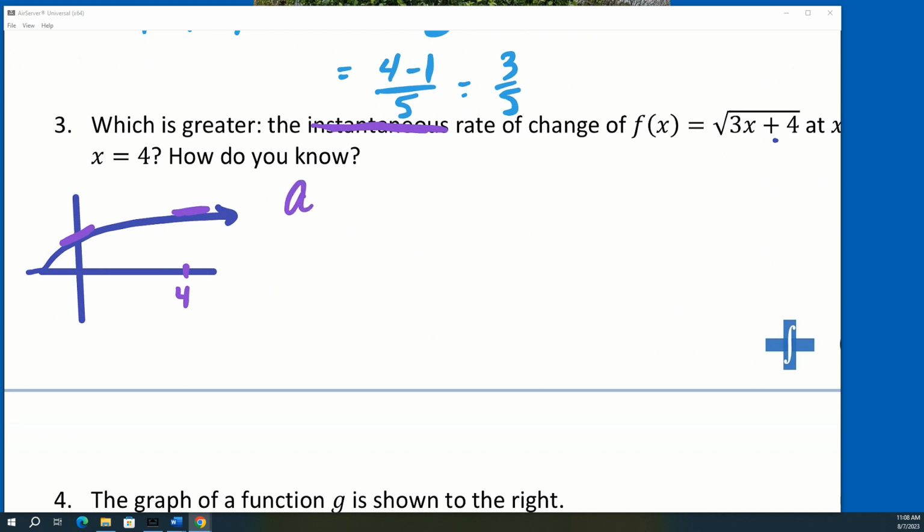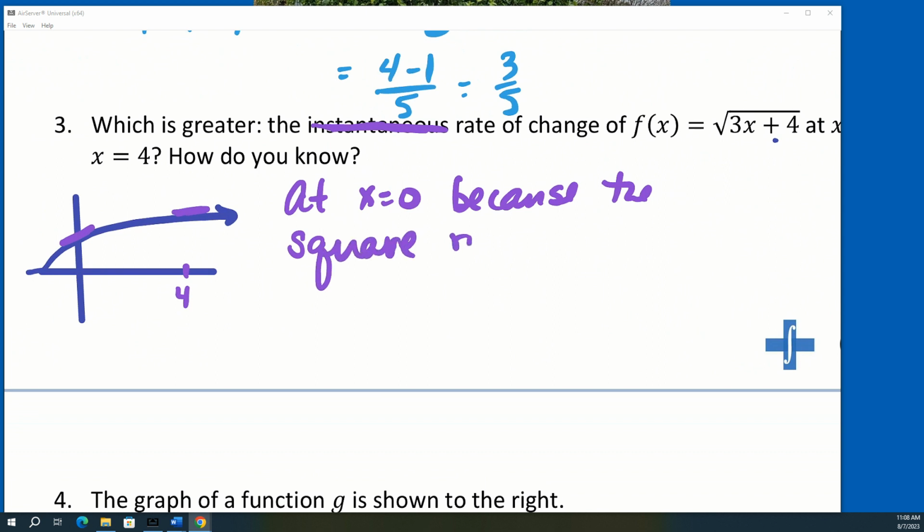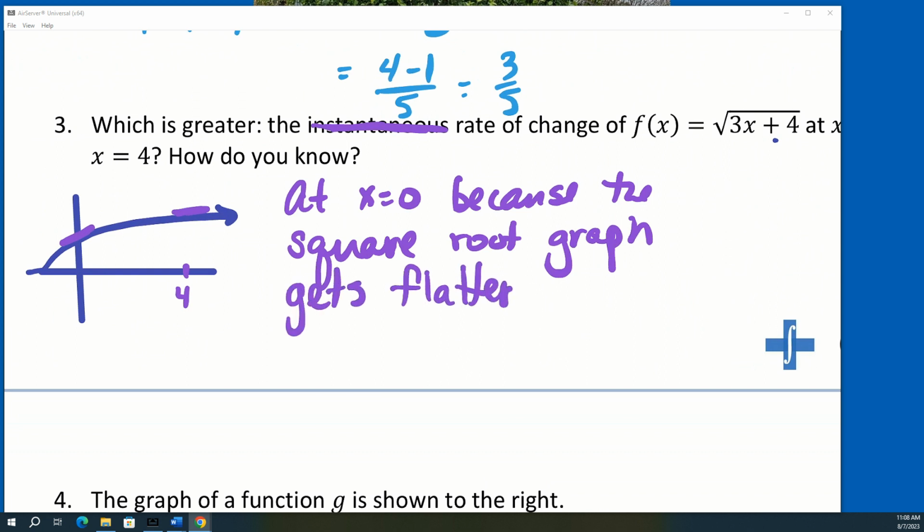So we're going to say at x equals 0 because the square root graph gets flatter as x increases.